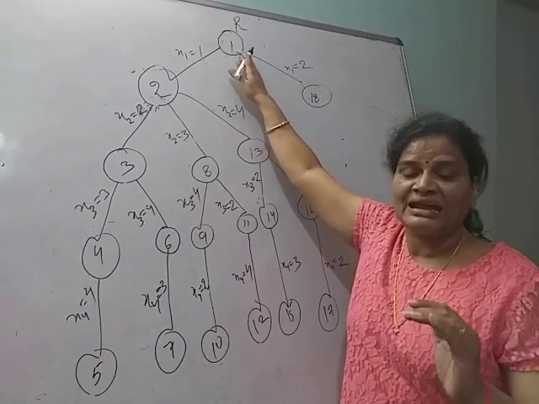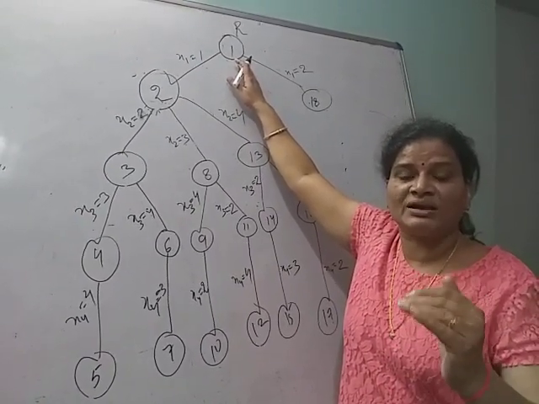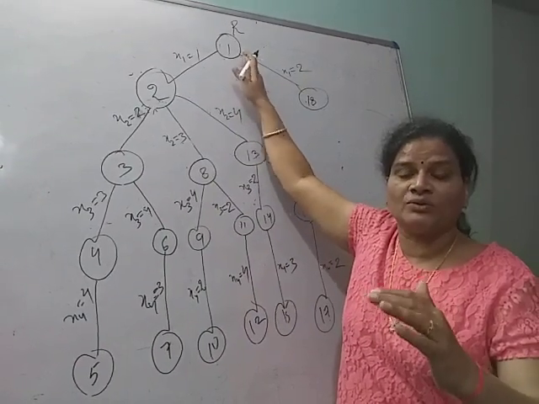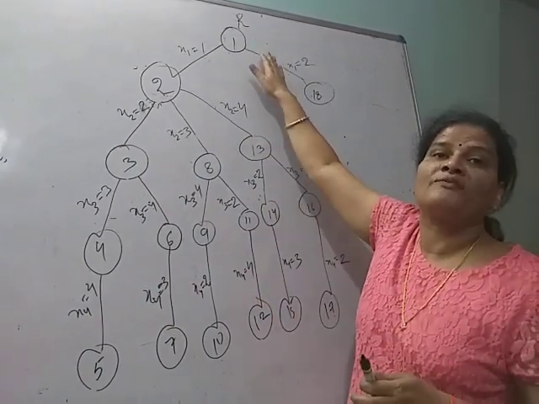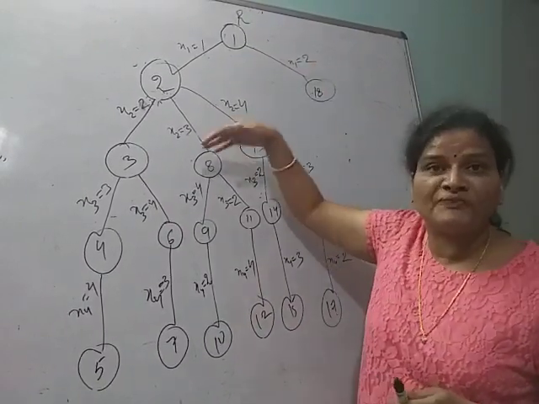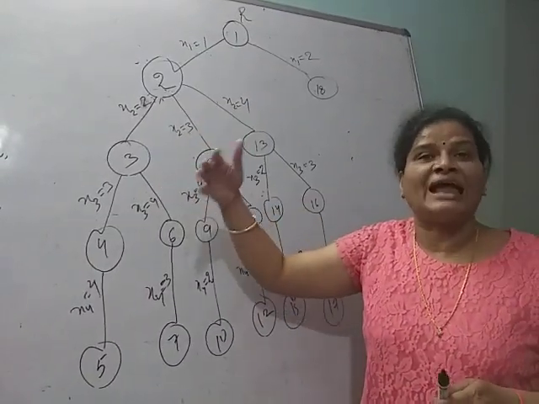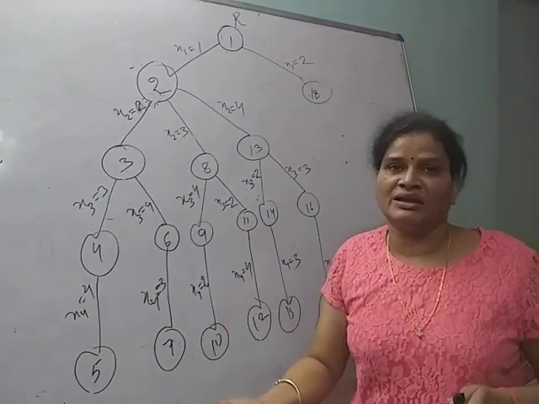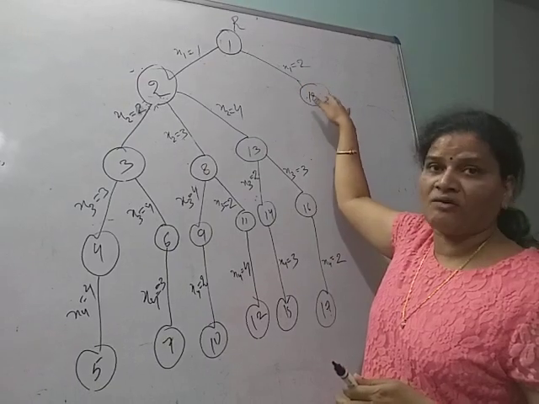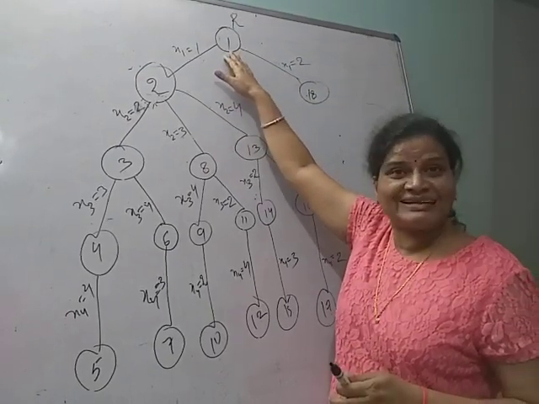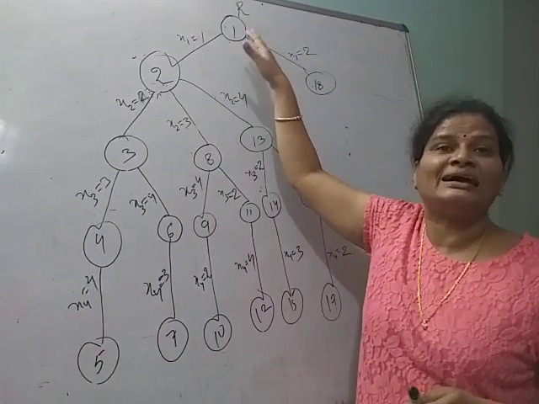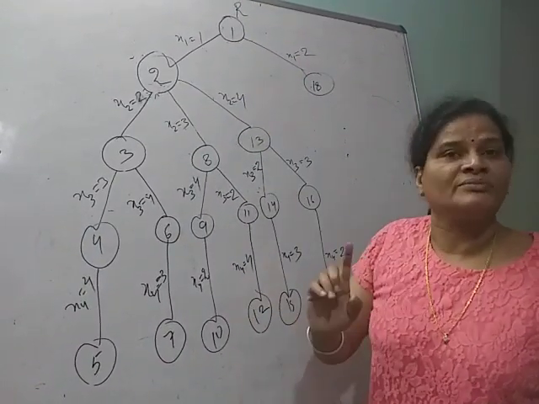It means that if I consider one live node as E node, then all the children of this E node are generated before any other live node becomes E node.